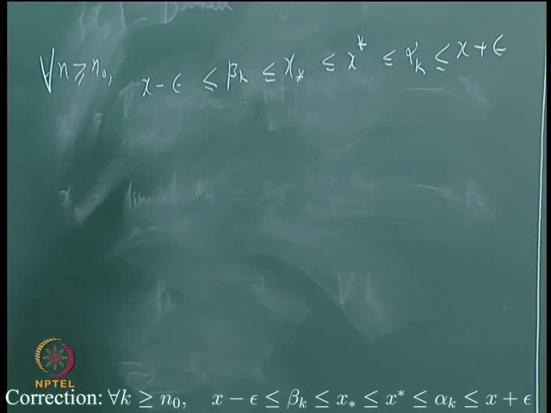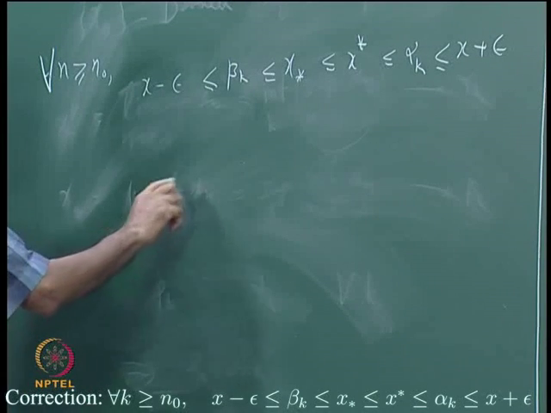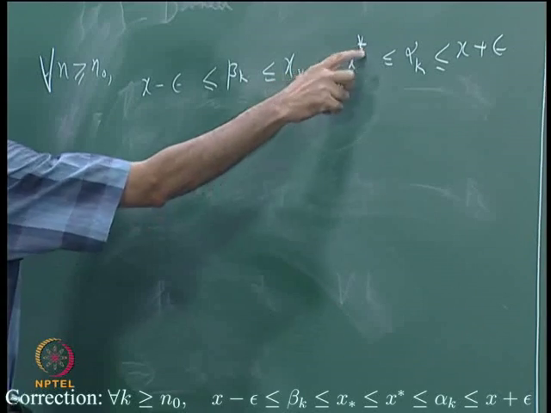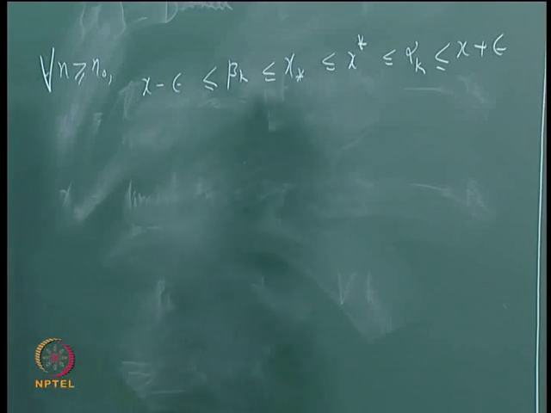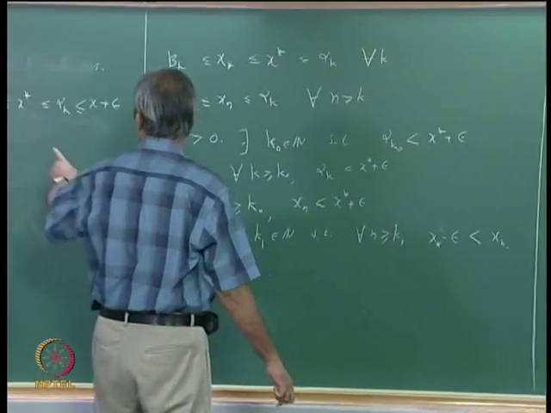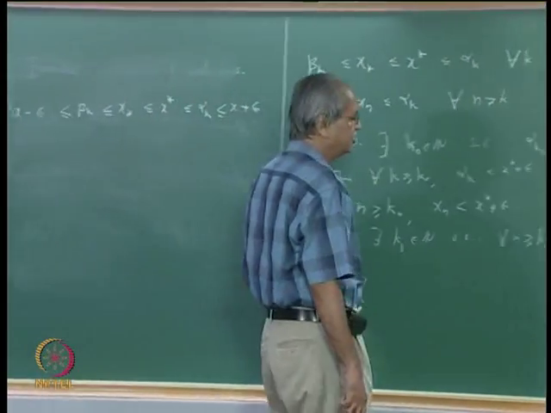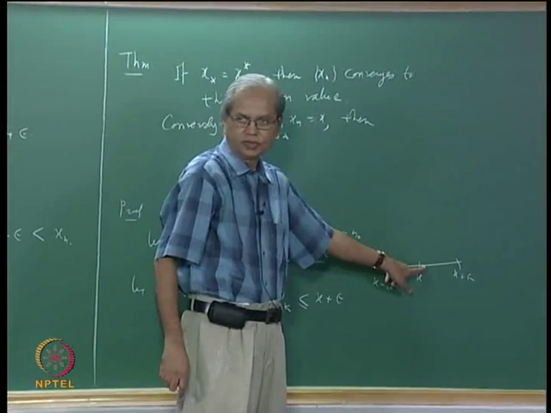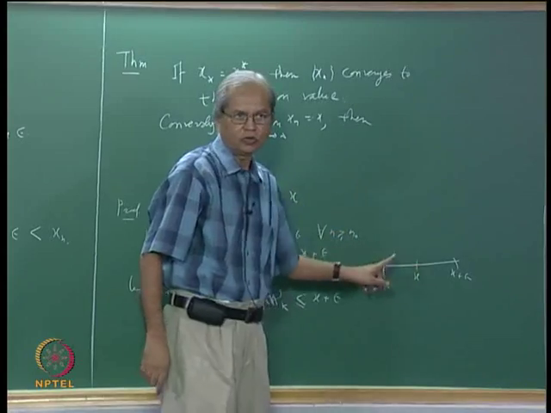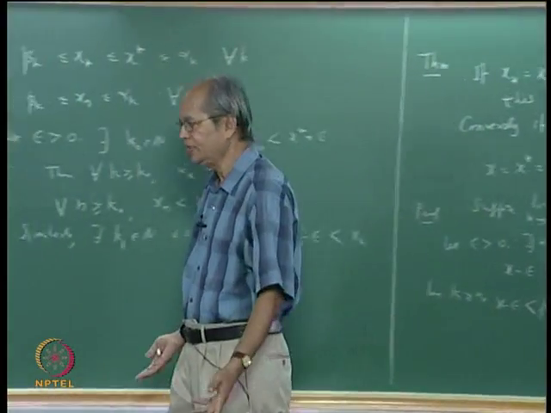So does it follow from here that the difference between these two numbers, limit superior and limit inferior, is less than or equal to 2 epsilon? Because both of those numbers lie in this interval from x minus epsilon to x plus epsilon, the difference between them must be less than 2 epsilon.